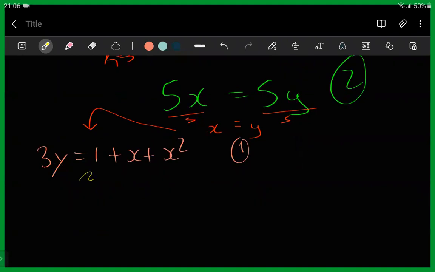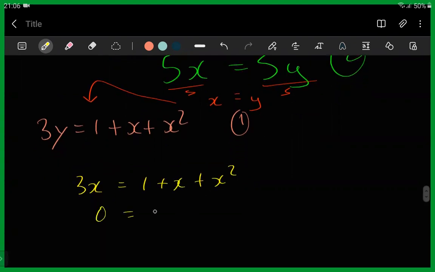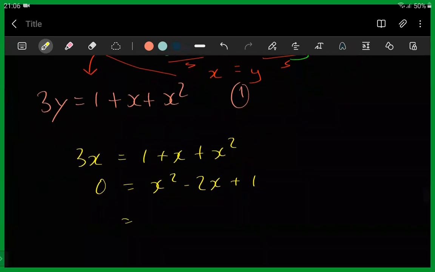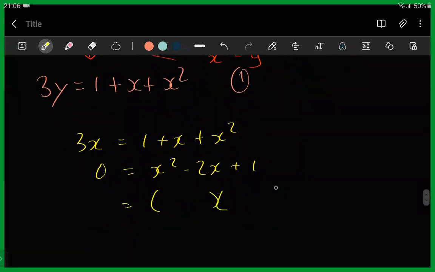So here we'll have 3x is equal to 1 plus x squared. Everything on one side, you'll have x squared. 1 minus 3 is minus 2, and then there's a plus 1. Factors of 1 that give us a 2, it's just 1 and 1. To get a minus 2, it's a minus and a minus. So this is just saying x is equal to 1.